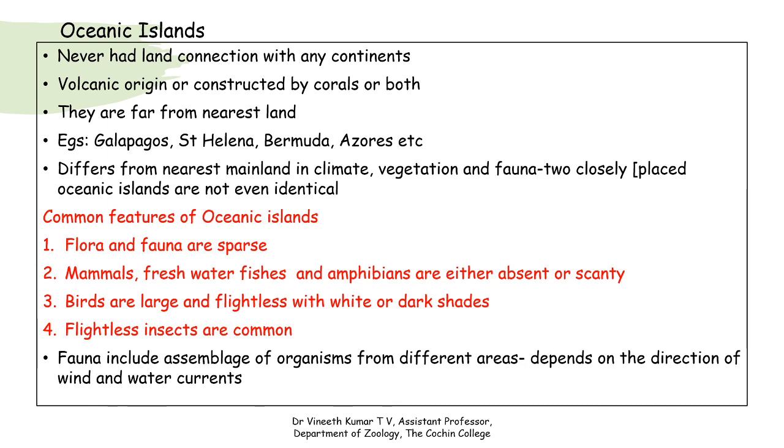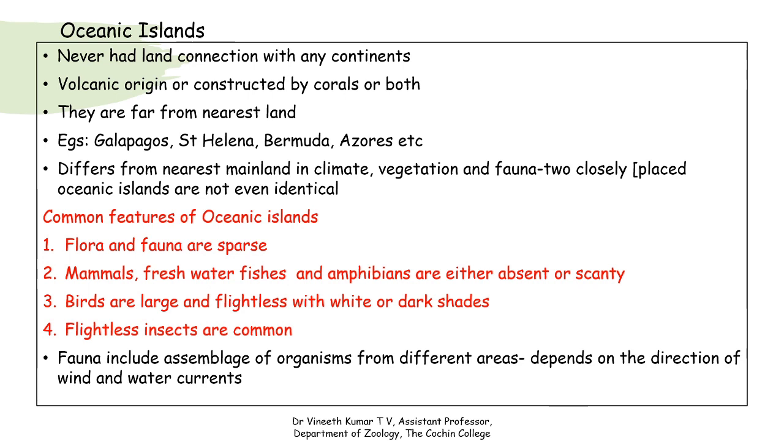They differ from the nearest mainlands in climate, vegetation, fauna, etc. In continental islands, we said that their vegetation, climate, etc., might be more or less similar to the mainland, depending upon the distance. In the case of oceanic islands, even two closely placed oceanic islands will not be identical in flora, fauna, and their climate or prevailing conditions.